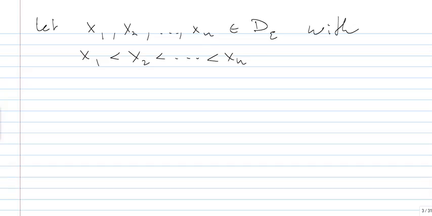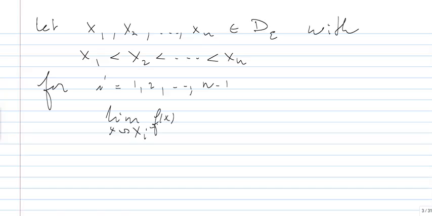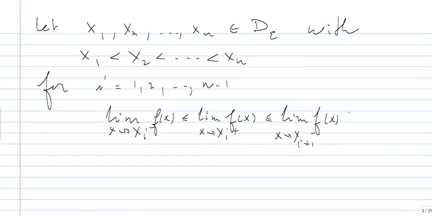It's very easy to show that for i equals 1, 2, up to n minus 1, we have the limit of f of x when x goes to xi from the left is less than the limit of f of x when x goes to xi from the right, less or equal than the limit of f of x when x goes to xi plus 1 from the left, less or equal than the limit to the right of xi plus 1.